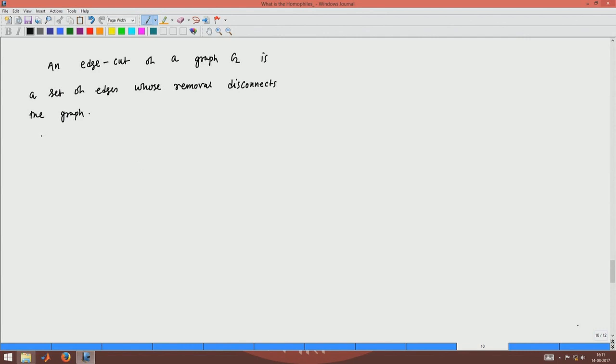And the edge connectivity, K prime G, is the size of a smallest edge cut.